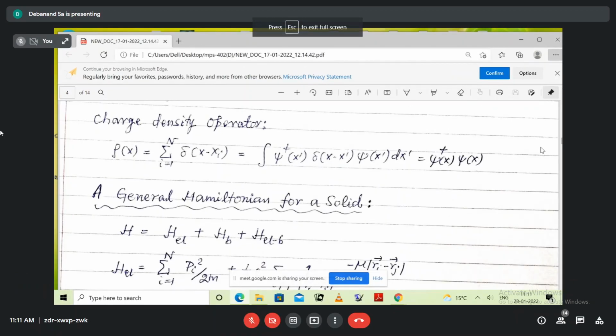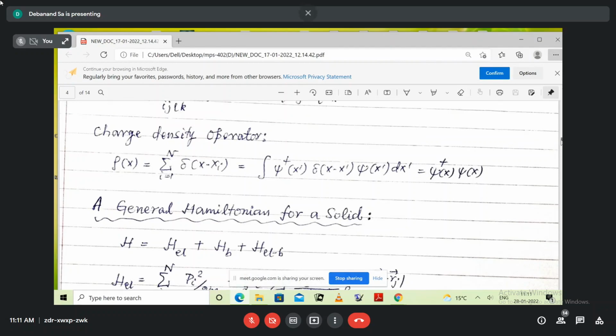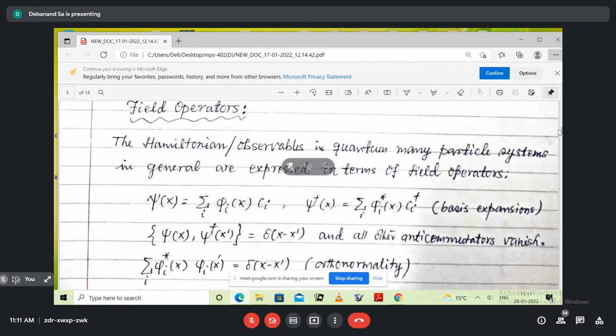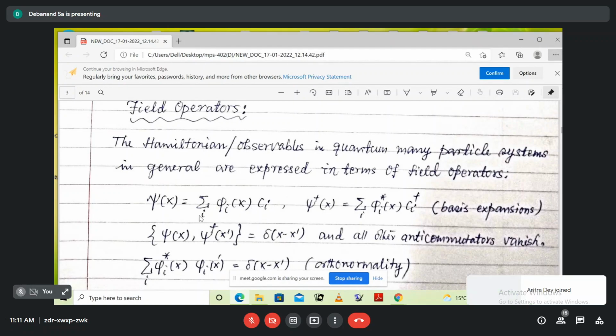One difference I said here is that usually in many particle theory, whenever we go for field expansion, you can have a complete set expansion, the way we do it in quantum mechanics, and this coefficient, which we call a coefficient in quantum mechanics, now becomes an operator, and this becomes the basis. In typical quantum field theory, this becomes a linear combination of this part and the Dagger part also.